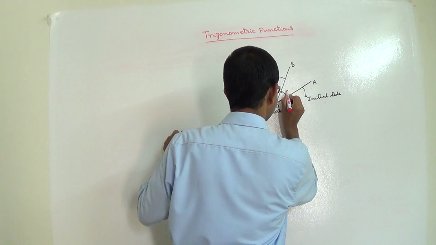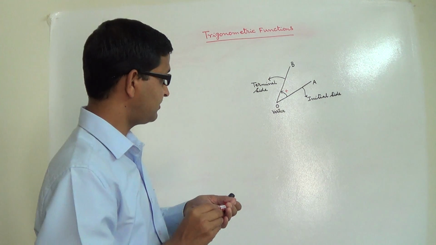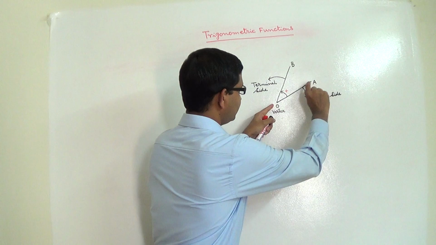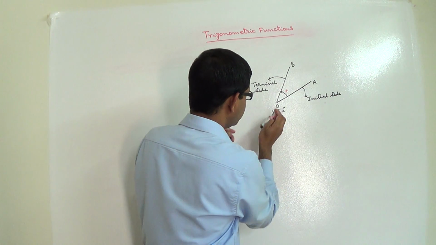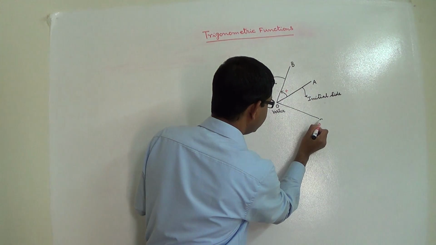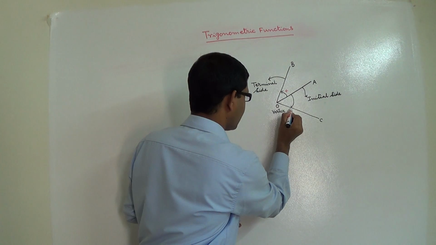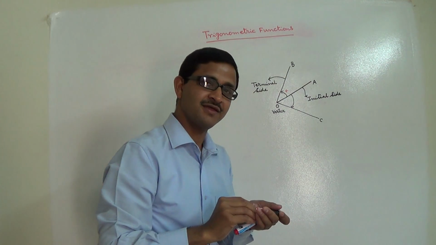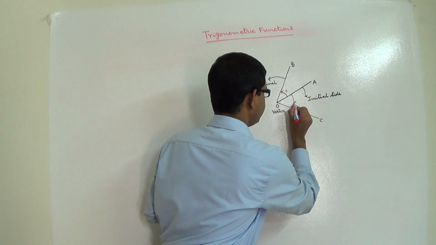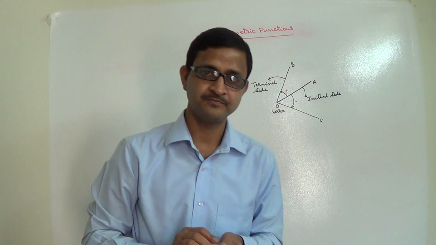Then we can say this is a positive angle. Now suppose the displacement happened in a clockwise direction, that means OA is the initial side and due to the rotation it has been displaced to a point called OC, where the displacement happened like this, which is the clockwise direction. Then we can say the angle is negative. Am I clear? Thank you.